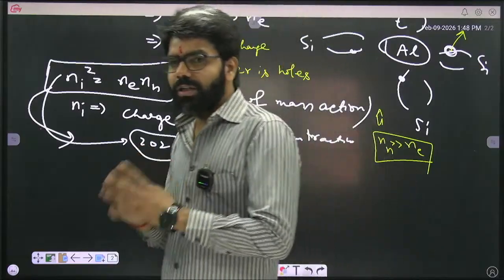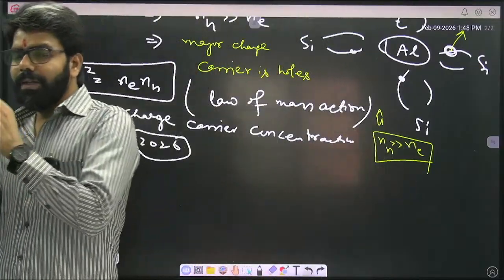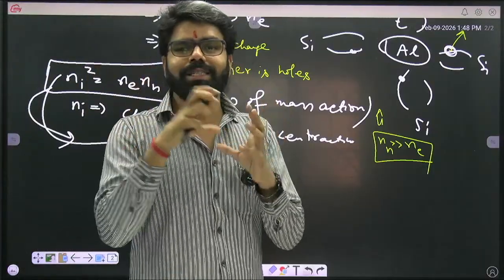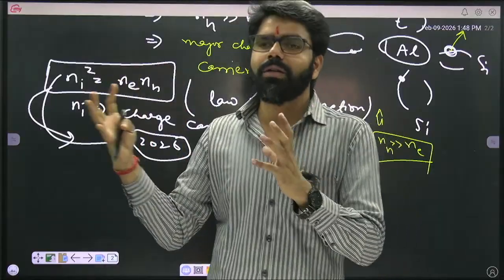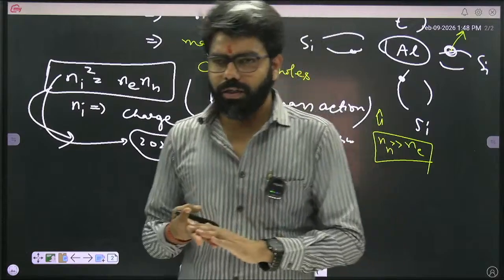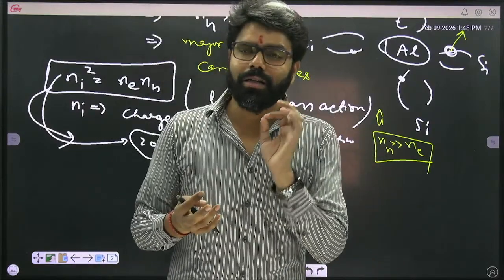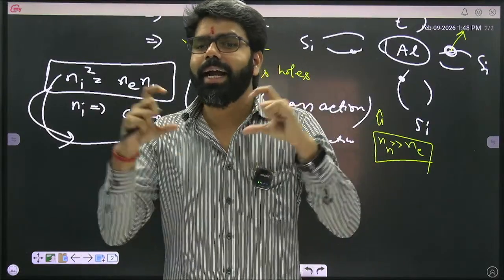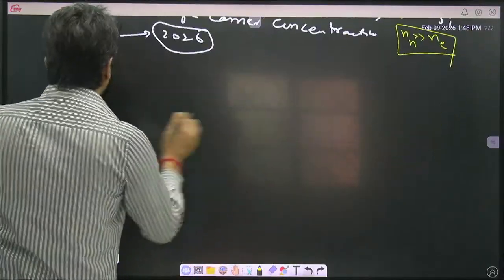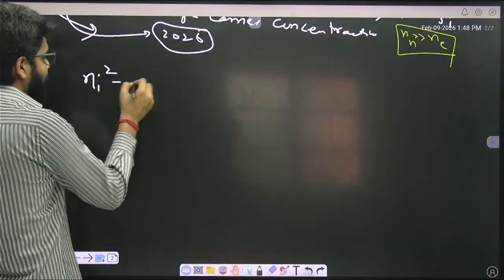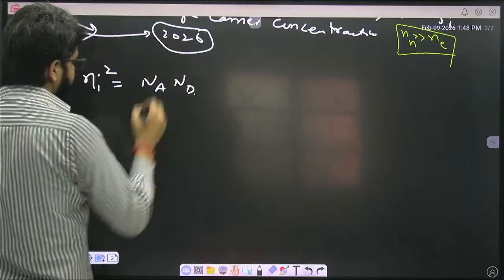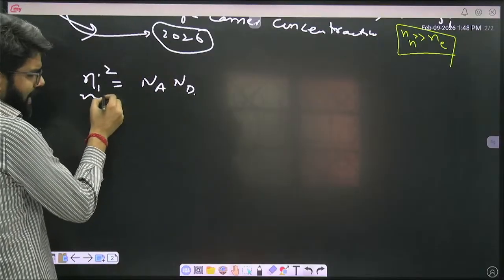During the formation of N-type or P-type semiconductor, when we dope with the extrinsic outer atom, that is aluminum or phosphorus, we get another number called Na and Nd. So write down there Na and Nd. Ni square, I'll explain it right now. Ni square is equal to Na into Nd. It is the same charge carrier concentration.